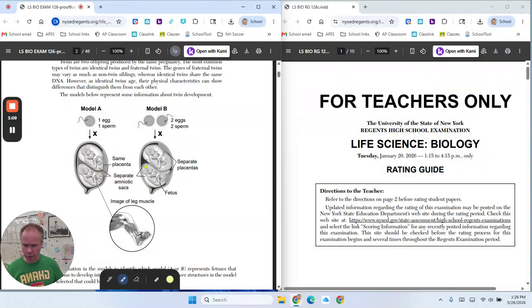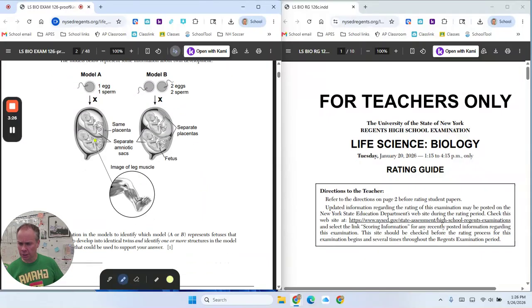If I look over here at model B, I also see separate amniotic sacs, but also 2 separate placentas. So that's something different between model A and model B. In model A you have the same placenta, in model B you have 2 separate placentas. Then as we continue on, we have a magnification. This is showing the leg of a fetus, and it's showing muscle in the leg. Okay, so I've analyzed that model.